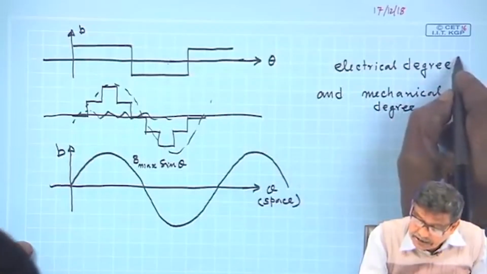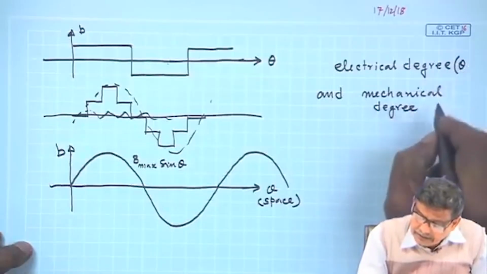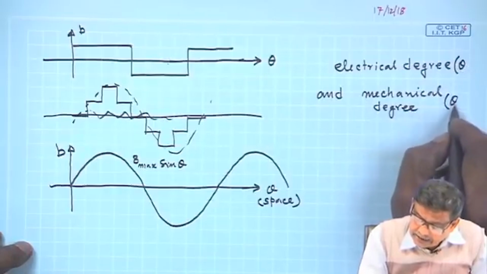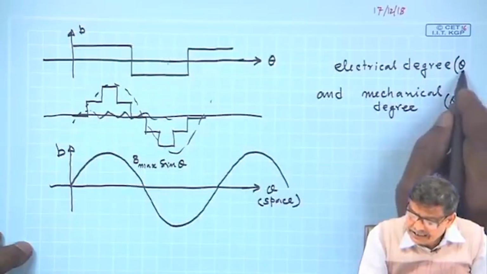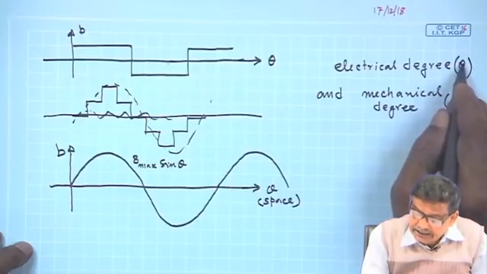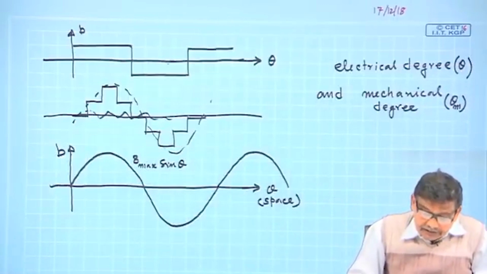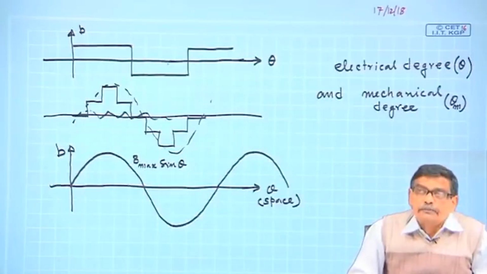Angle can be measured in 2 ways, theta electrical and theta mechanical. For electrical, I am not writing the suffix, I will not carry on. So, theta if I write, it means electrical degree. Now, first let us understand what is electrical and what is mechanical angle.